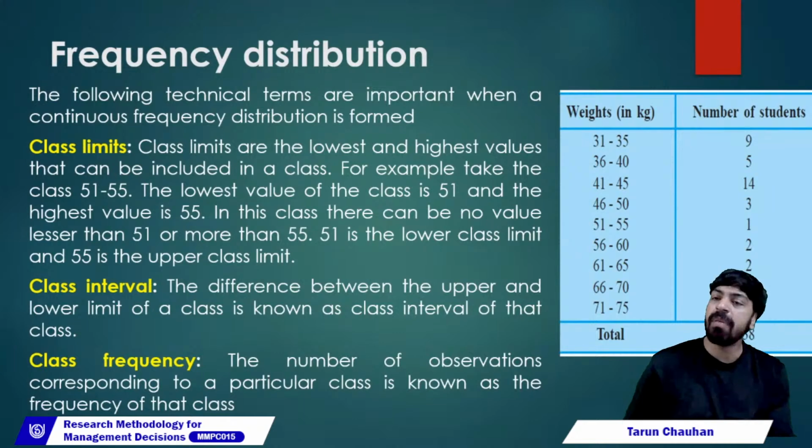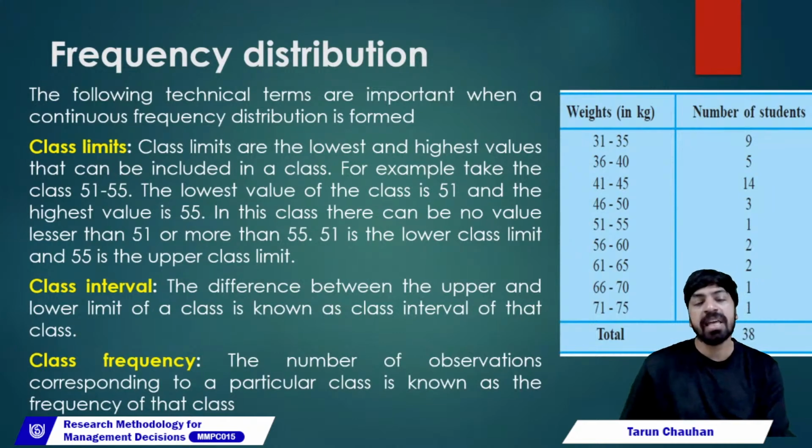But when we talk about the class limits, for example, let's take 51 to 55. The lowest value is 51 and the highest value is 55. So it means 51 is the lower class limit and 55 is the upper class limit. That's called the class limit.